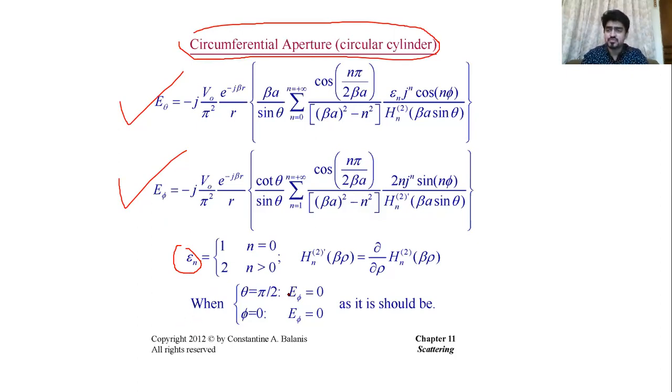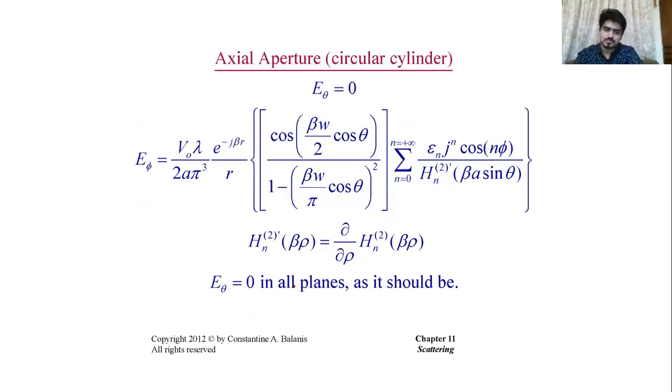When theta equals pi by 2 and phi equals 0, your E phi is going to be 0. Similarly, E theta is going to be 0 for your axial aperture on the cylindrical surface, and E phi is non-zero. It is given by this expression. You can derive that. And again, E theta is 0 in all planes, as we expect.